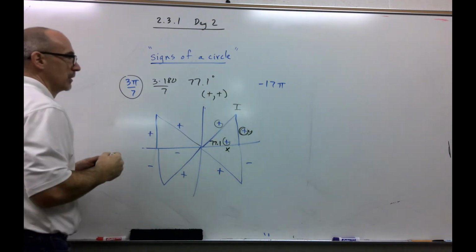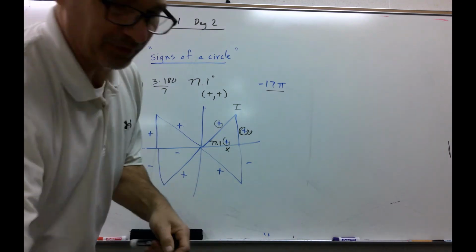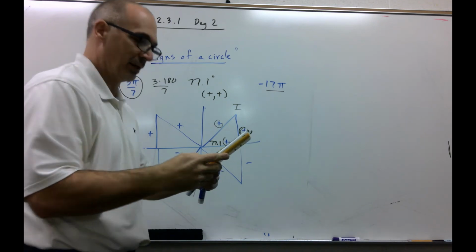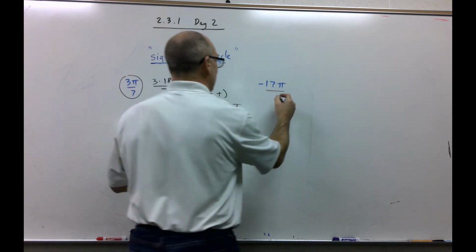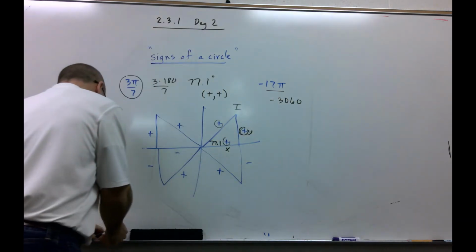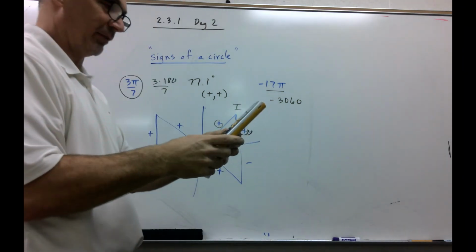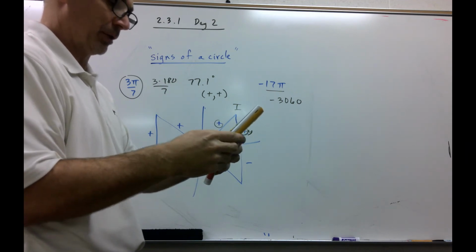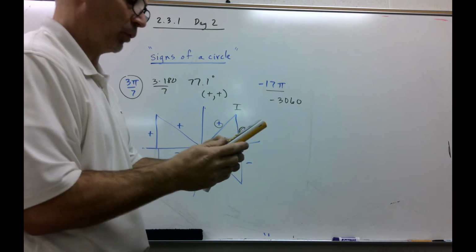All right, what about this? Well, that one, I'd have to go negative 17, so 17 times 180, because that's what pi is, 3,060. So I get negative 3,060. As you can see, we're going to have to do some quick math here. I'm going to go 360 times 9, no, that was too much, 360 times 8, 2880.